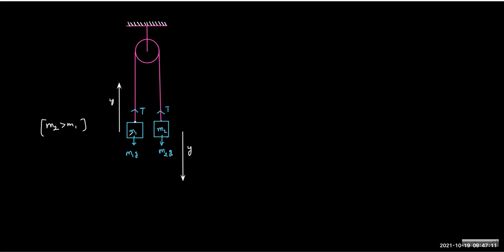And that is why net energy is available to the system. The energy which is always available to the system, we call kinetic energy. So M2 and M1 will have some kinetic energy at that instant. After moving through distance y, both blocks will have some speed. And now you know why they have speed: because they have received some energy in the process of going up and down.